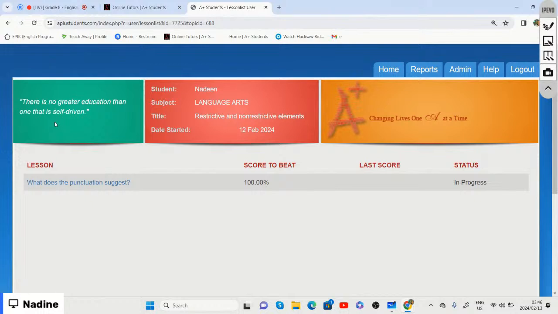Then we have non-restrictive elements, where it is not necessary to show who or what is being discussed, and they need to be set off by commas, which means you need to properly place the commas within the sentences.